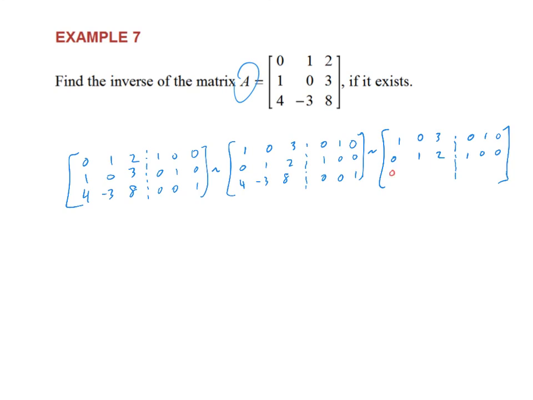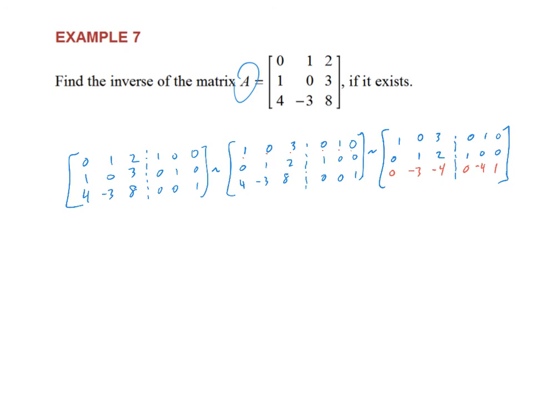Negative 4 times 0, add negative 3, stays the same. Negative 4 times 3 is negative 12. Add 8 is a minus 4. Negative 4 times 0, add 0. So I'm just going across the top, right? Negative 4 times 1 is negative 4. Add 0. Negative 4 times 0, add the 1. There we go. So that's our first row operation complete.